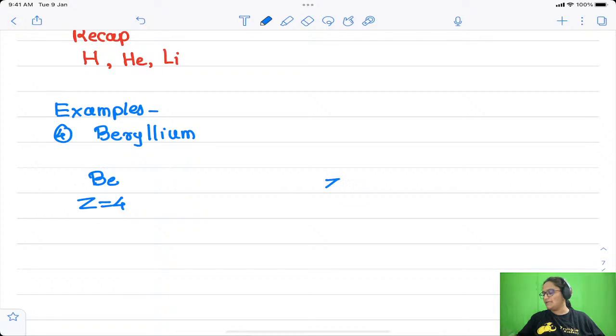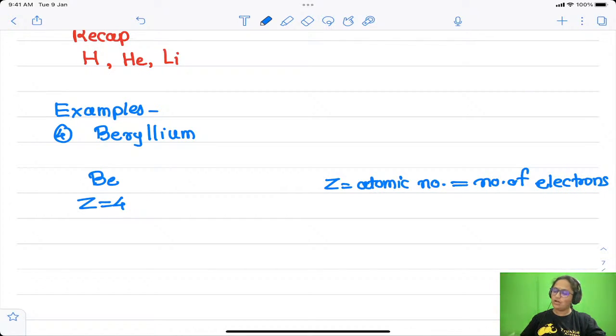As we know, Z is nothing but the atomic number. It is also equal to the number of electrons, right? Atomic number is nothing but how many electrons are present in that atom. So how many electrons are present in beryllium? 4 electrons are present.